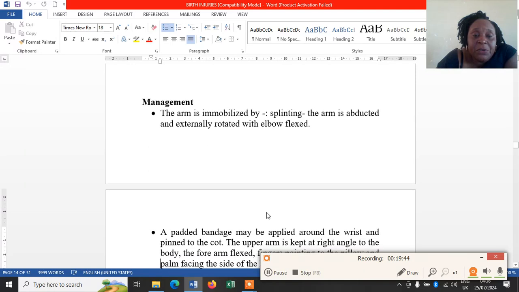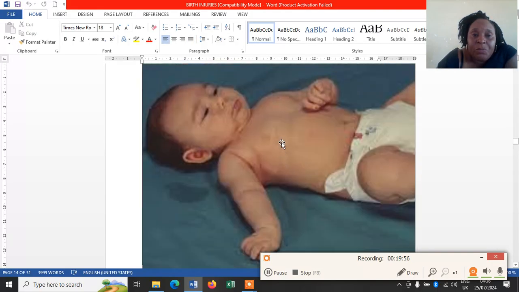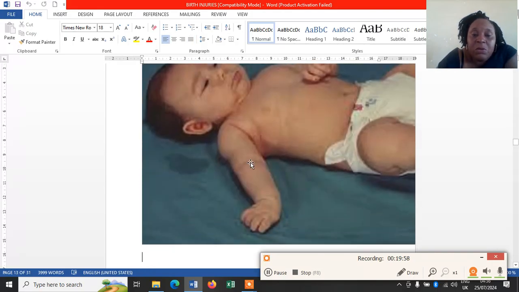So for management of Erb's palsy, the arm is immobilized by splinting the arm in an abducted and externally rotated position with the elbow flexed. This hand will be brought back to the right position, and then it will be bandaged in that position.